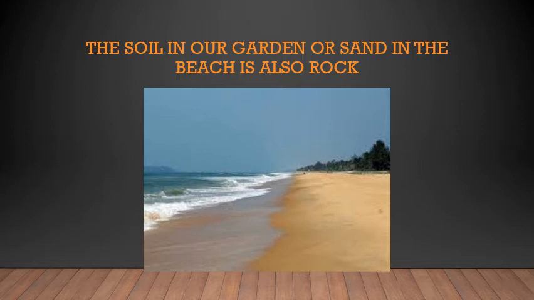That is also nothing but huge rocks which are broken down into sand and soil. The soil contains tiny particles of rock. For millions of years it was just raining, then too much heat and a lot of wind, and they started breaking down these huge rocks. What you are standing on is also a rock.